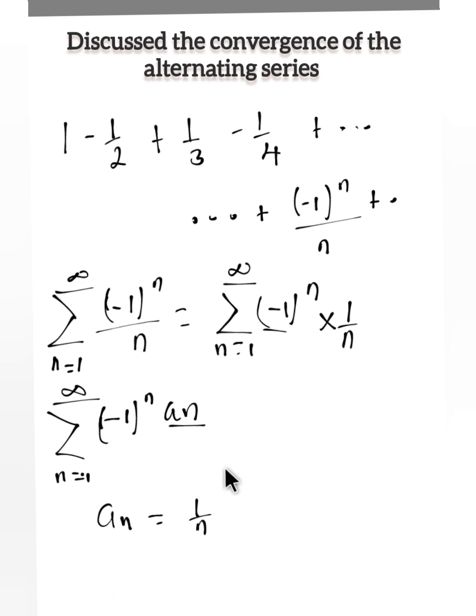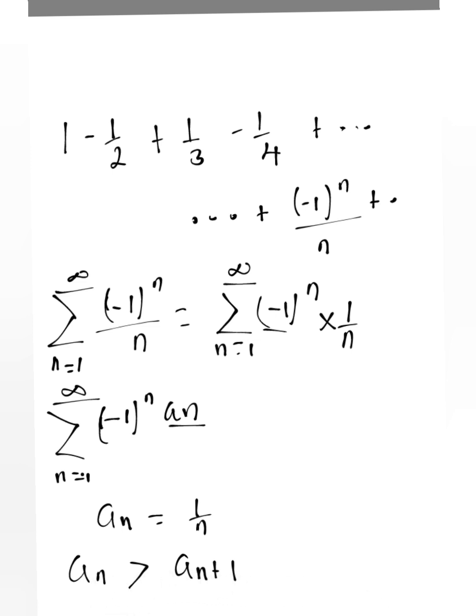Now, for this series to converge, there are two conditions. The first condition is an should be greater than an plus 1. So we're going to find an, and we'll find an plus 1. Remember that an is equal to 1 over n. We're going to check if an is greater than an plus 1.